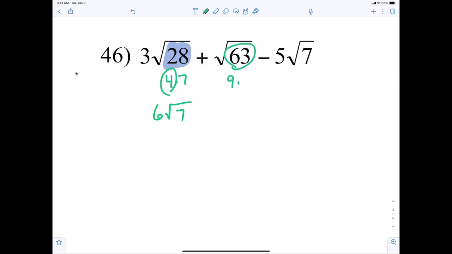The square root of 63 breaks down to 9 and 7, so that becomes plus 3 radical 7, minus 5 radical 7. That gives 4 radical 7.